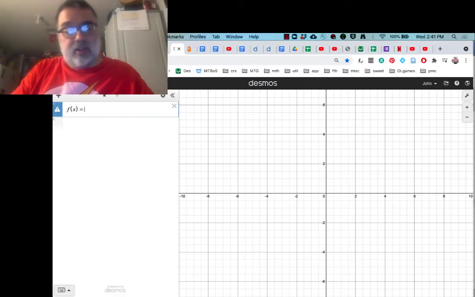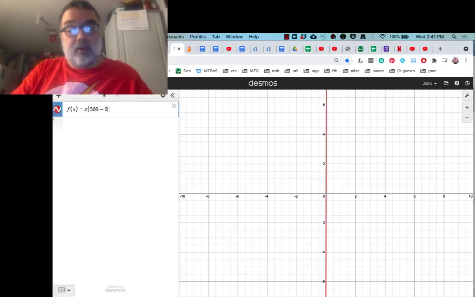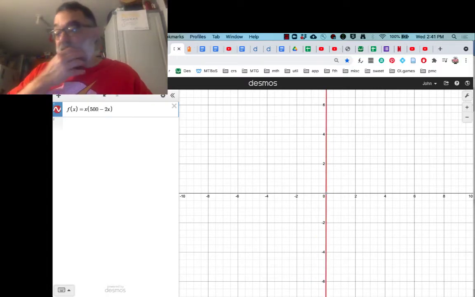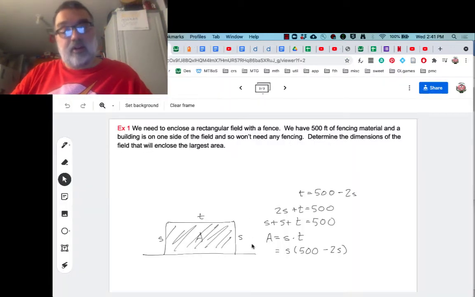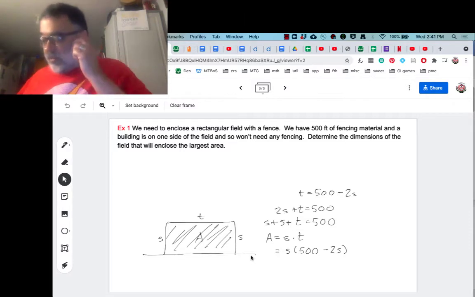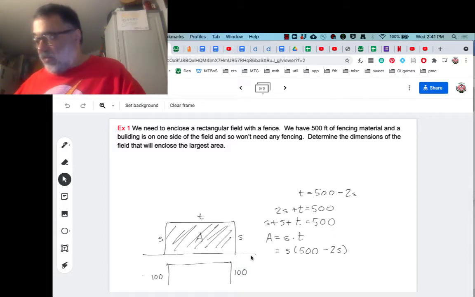So the function on Desmos, we might be able to put it in with the s, we could probably put it in with the t, but we might as well be traditional and go ahead and put it in terms of x. So x is going to be how long this side is. So for example, if we made s equal to 100 feet, this side would be 100 feet, so the top side would be 500 minus the 200, this would be that.